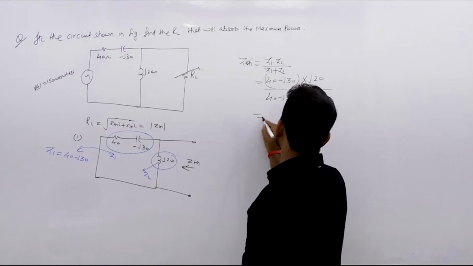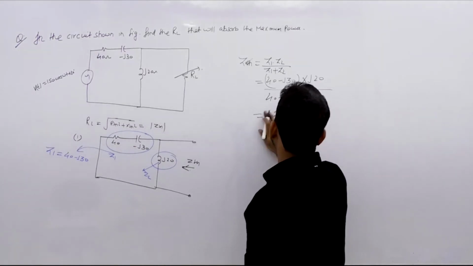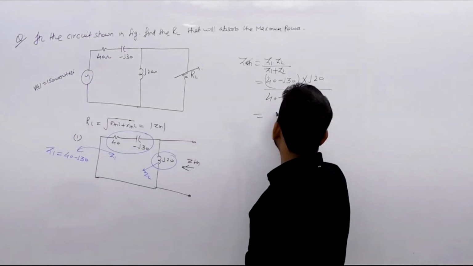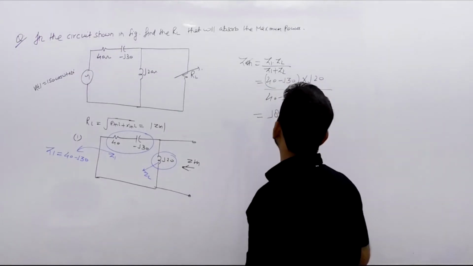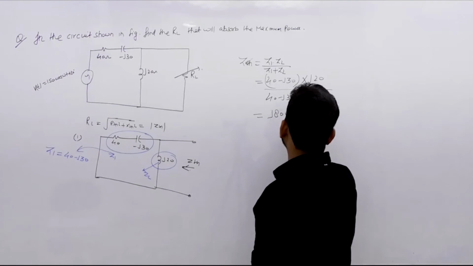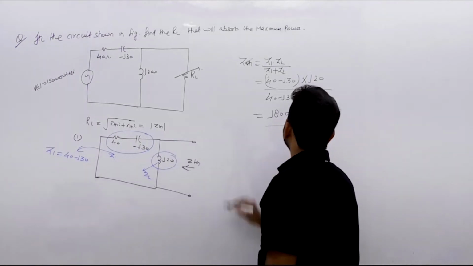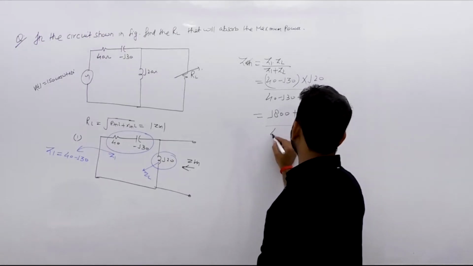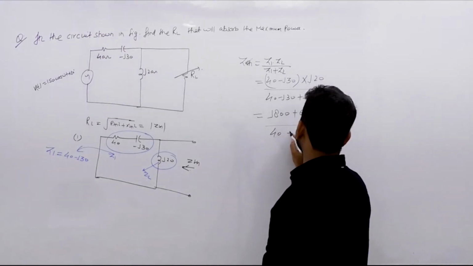If you solve, just multiply that: 40 times 20 is 800, so j800, then j square is minus, so minus minus is plus, so it is 600, and divide by 40 minus j10.